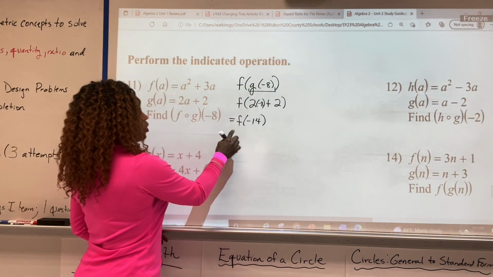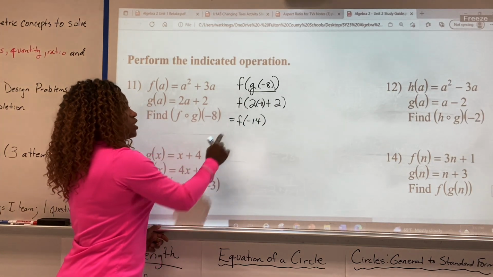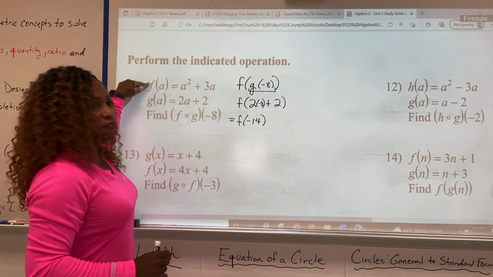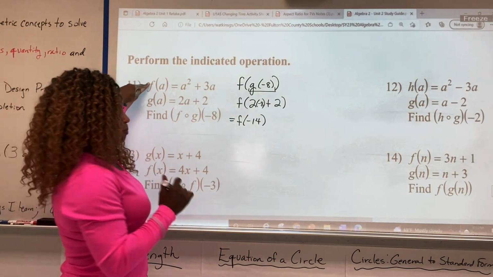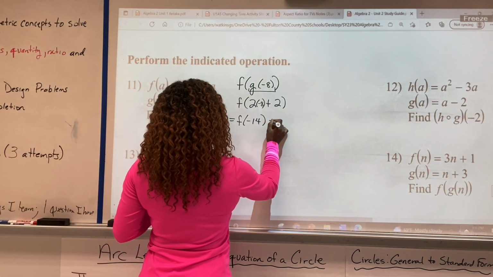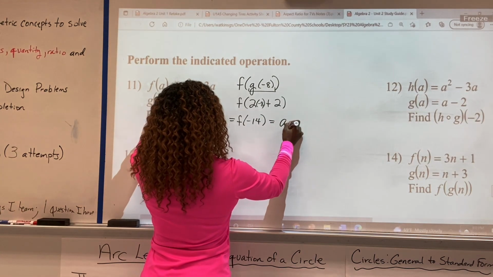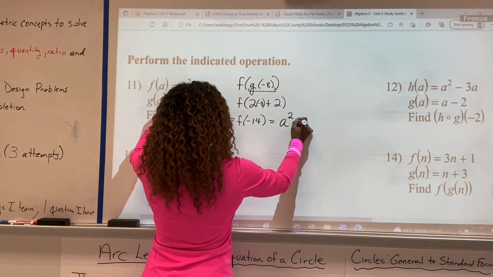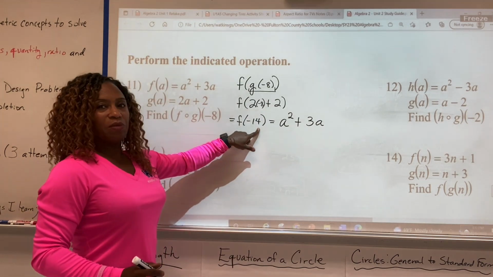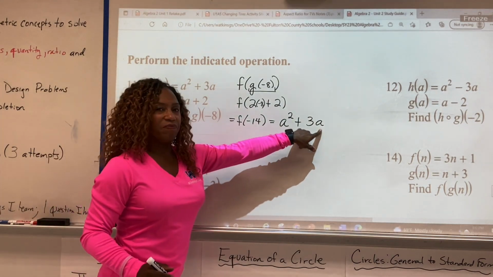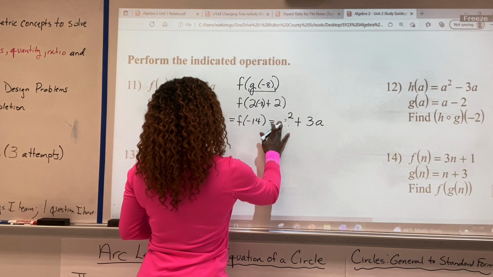So now I'm down to f of -14, which tells me to write the f function and replace the variables with -14 this time. So the f function is a squared plus 3 times a. And again, this -14 means to replace both of these variables with -14.